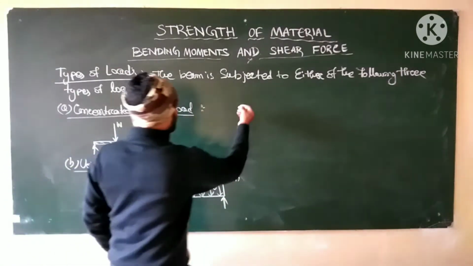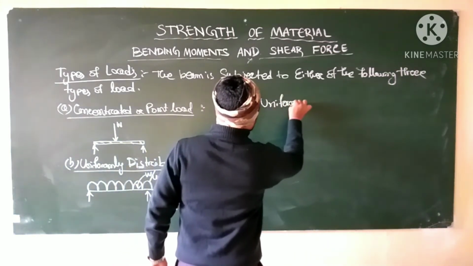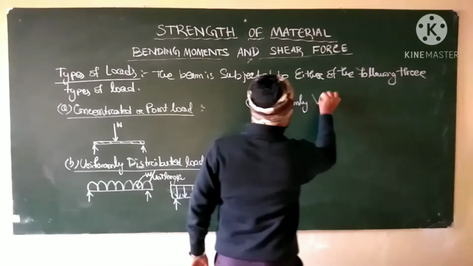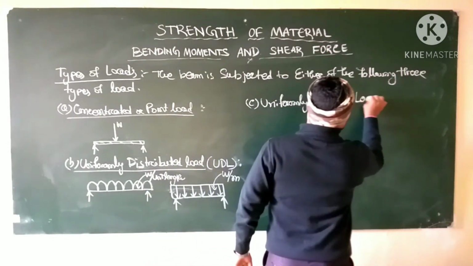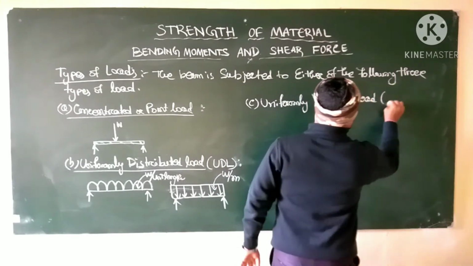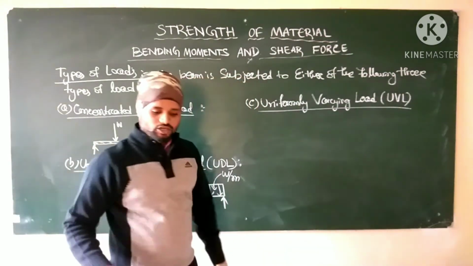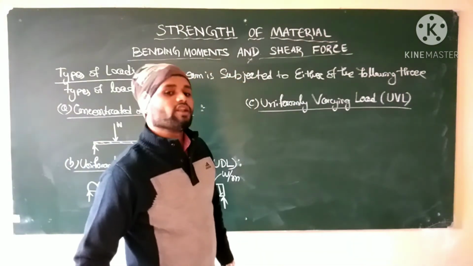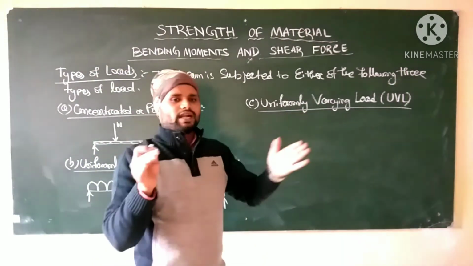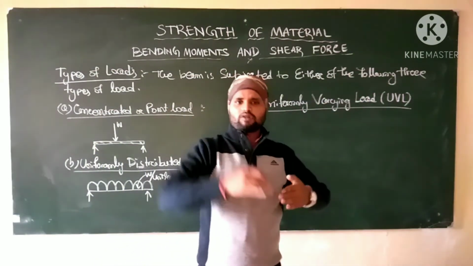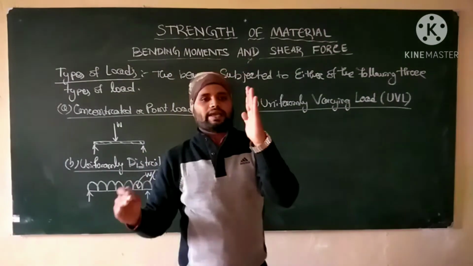Then the third load is the uniformly varying load, or you can say UVL. What is a uniformly varying load? Uniformly varying means it uniformly increases, uniformly decreases, or uniformly increases to some point and then decreases again.